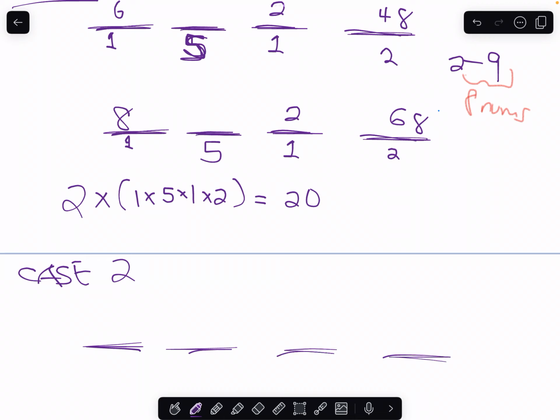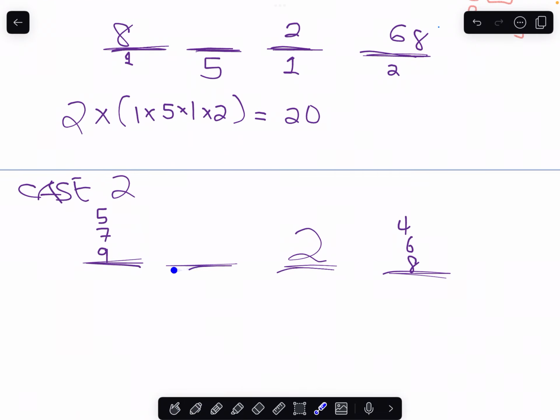Then the second case is where we have 5, 7, or 9 as our starting numbers. We know that this is a 2. Then the code can end with 4, 6, or 8, right? Because we can't use 2 again here. So then the question is, how many options do we have left here? There's the bag of numbers, there's 8 numbers from 2 to 9, right? 2 is already used up, so that's one number gone.